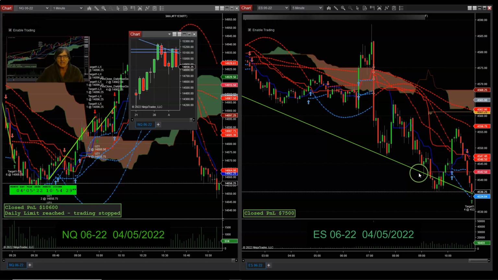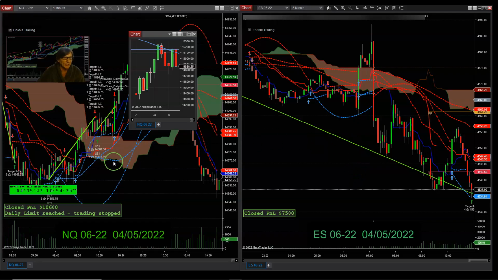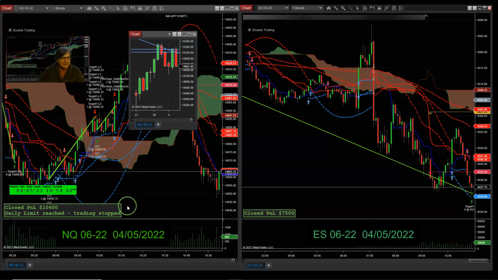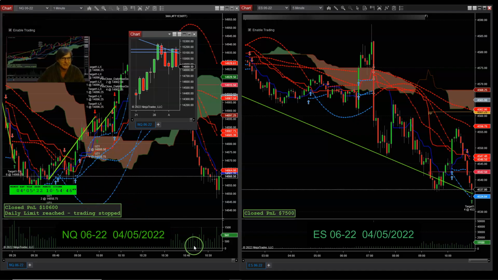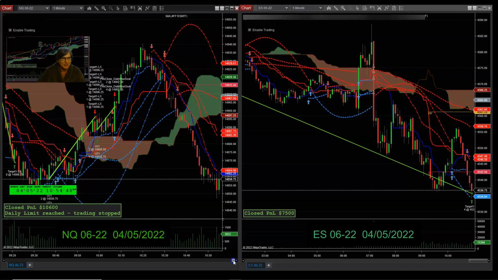We may trade again, not necessarily. If it comes into the parameters to trade, it will. Okay, over here on the NQ, we definitely hit our target for the day, 10,600. Had even a little slippage in our direction there in that big candlestick. And so there we go.